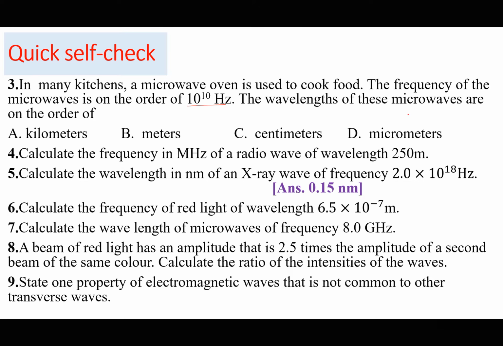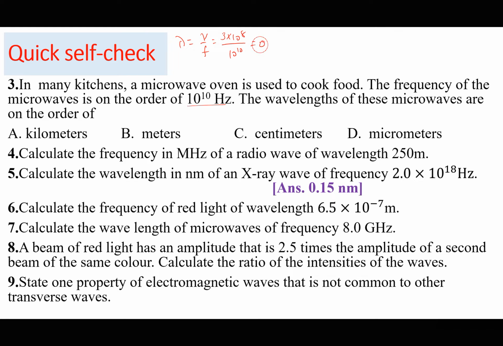The wavelengths of these microwaves, we can find: lambda is equal to v divided by f. v is 3 times 10 to the power of 8 divided by 10 to the power of 10, which is 3 exponent 8 divided by exponent 10.